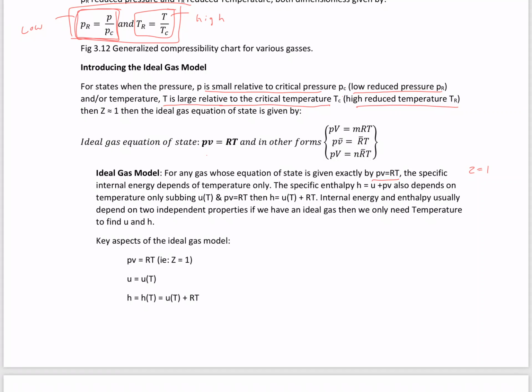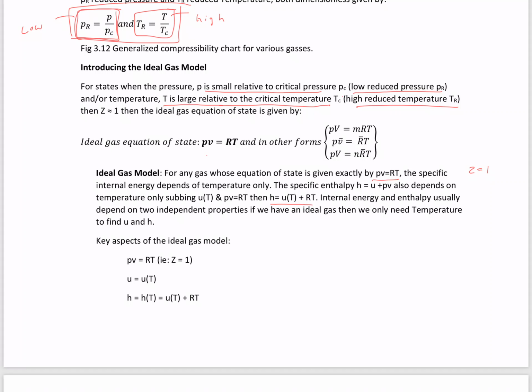Specific internal energy depends on temperature only, and specific enthalpy also depends on temperature only. So, with U a function of T, and PV equals RT, enthalpy equals the specific internal energy at a given temperature plus the gas constant times the temperature.